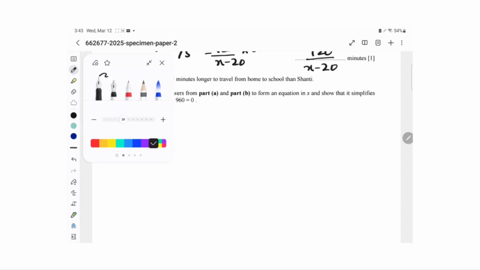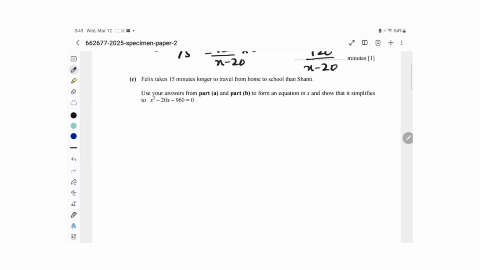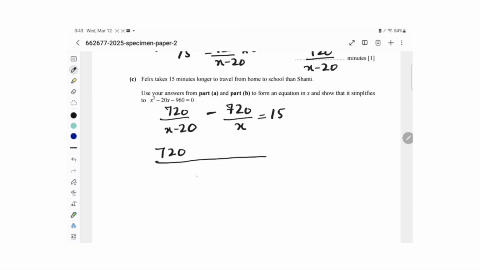So you can write 720 upon x minus 20 minus 720 divided by x is equal to 15. Take the LCM, x into x minus 20.